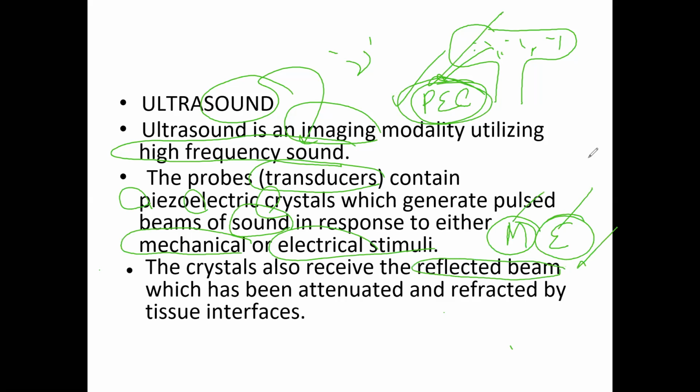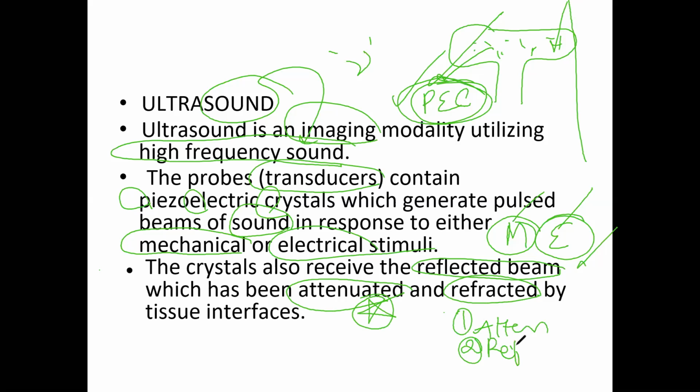So the reflected beam, whatever beam is going outside and reflected, they receive that, which is attenuated and refracted by tissue interfaces. So there is one thing called attenuation. Number one, first point, attenuation, that is decrease. Number two is refraction.